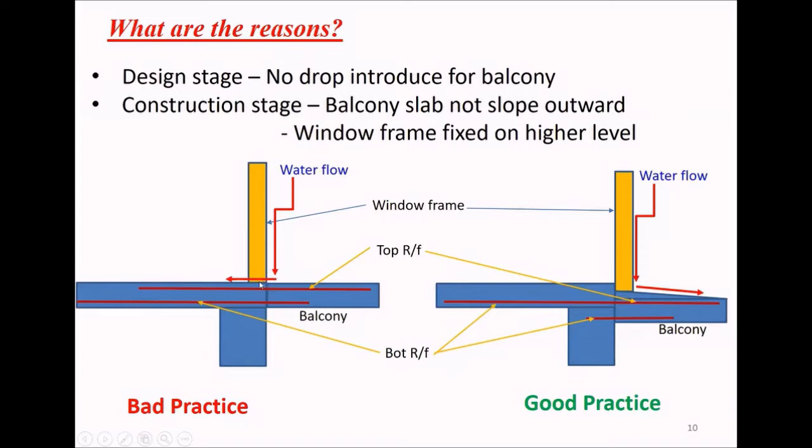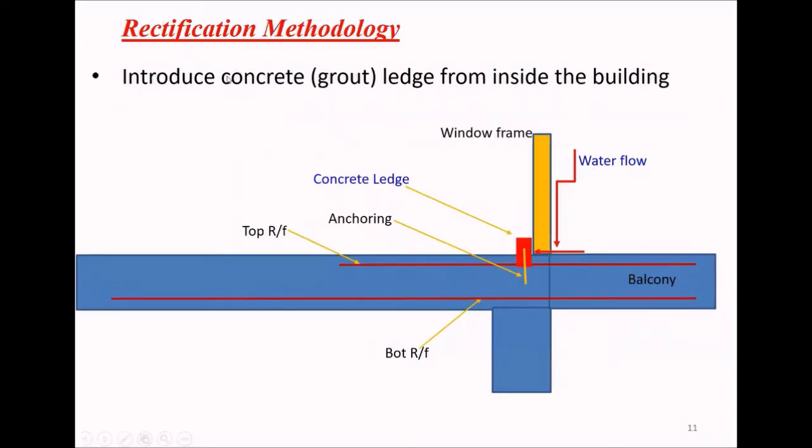You can see that still there are possibilities the water can come through. This is the good practice, right? So what can we do, as far as what they have done so far? This is the rectification method.